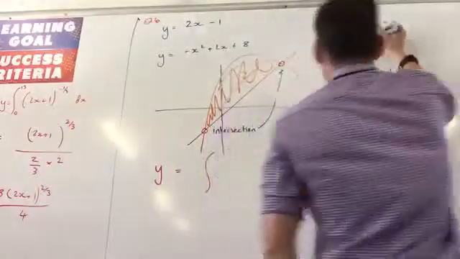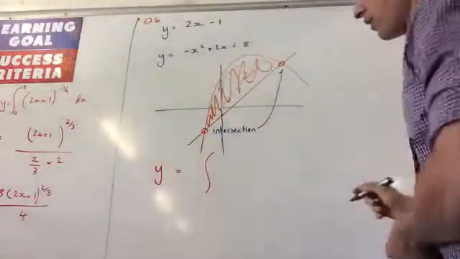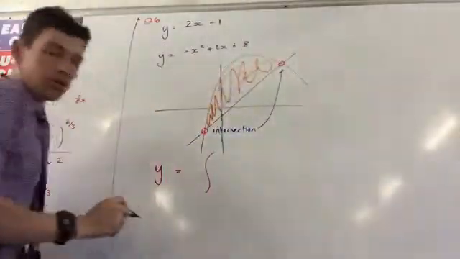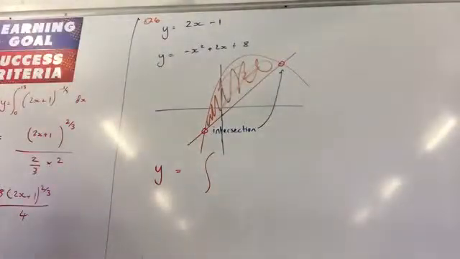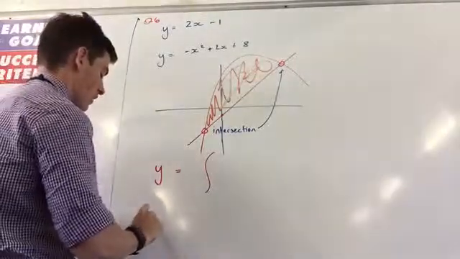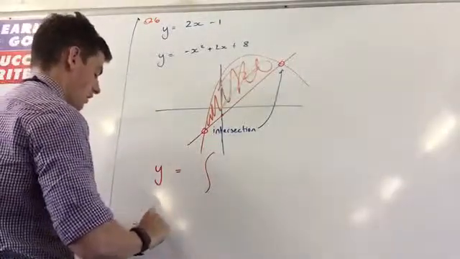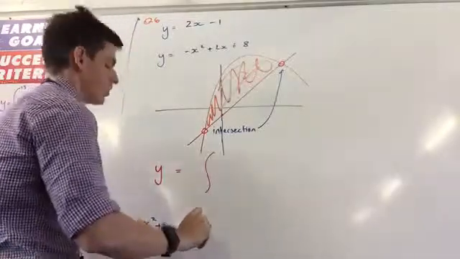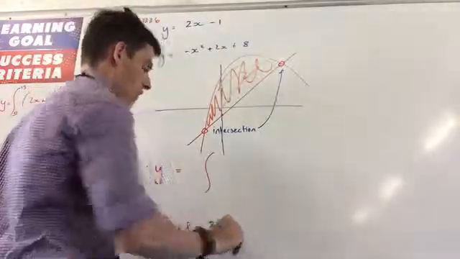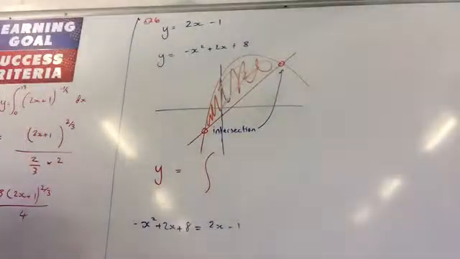So you could quite simply have, I'll do it over here. In blue, we have, what's the intersection represent? When the two functions are touching each other, they have the same y value and the same x value. So at that point I can say negative x squared plus 2x plus 8 equals 2x minus 1. Happy with that?